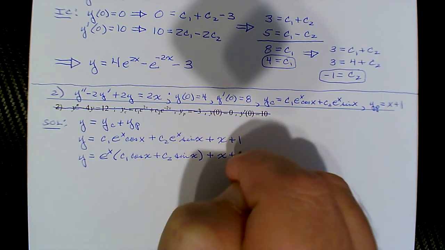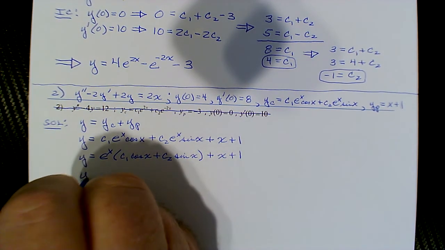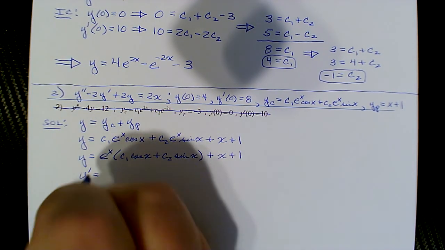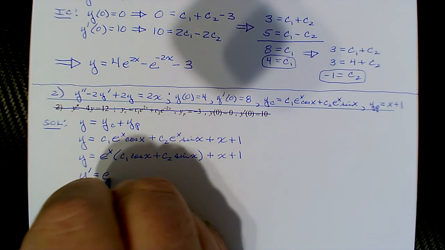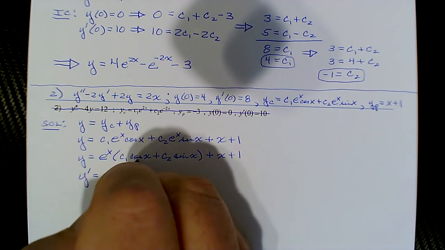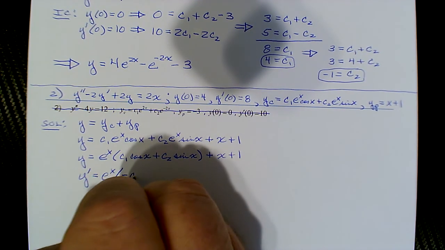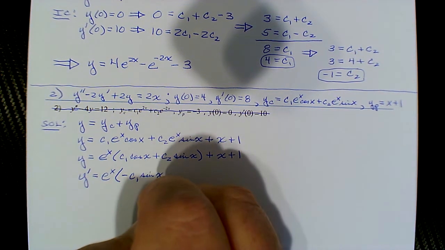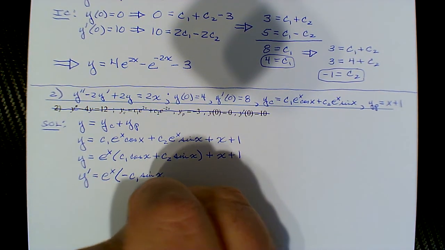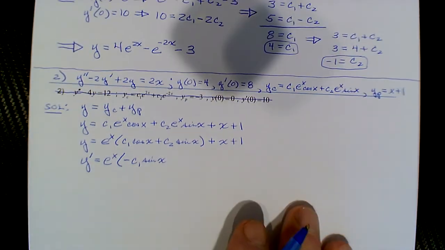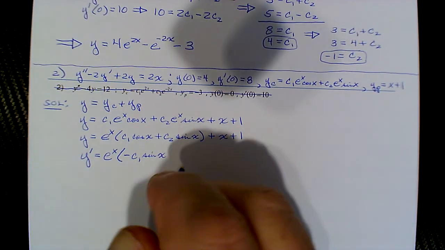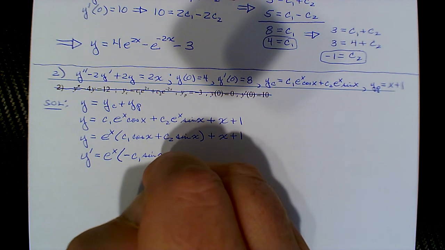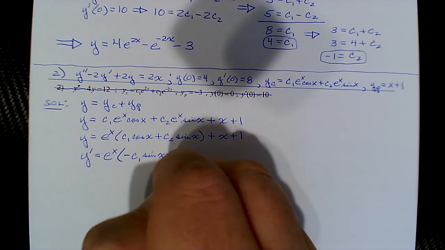Okay, now its derivative, y prime. First factor, e to the x, times the derivative of the second: derivative of cosine is minus sine, so minus c1 sine x. And again, we really should think derivative of the argument x, but that's just 1, so no need to write that. And then plus c2 times the derivative of sine of x, which is cosine x.